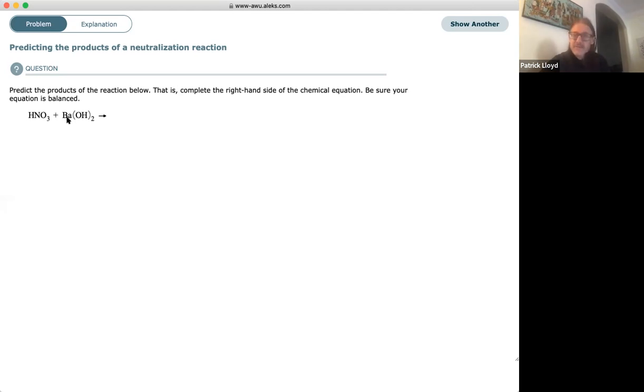Group 2 metal, make sure you have your periodic table. You'll see barium's in group 2A with hydroxide. So that's barium hydroxide. That's an ionic compound and the base. Okay, double displacement. So HNO3 plus Ba(OH)2.